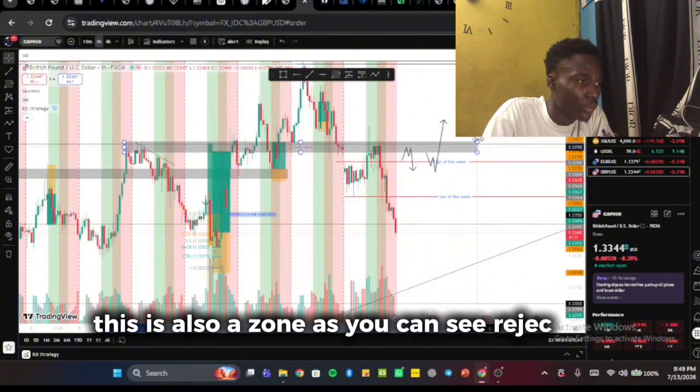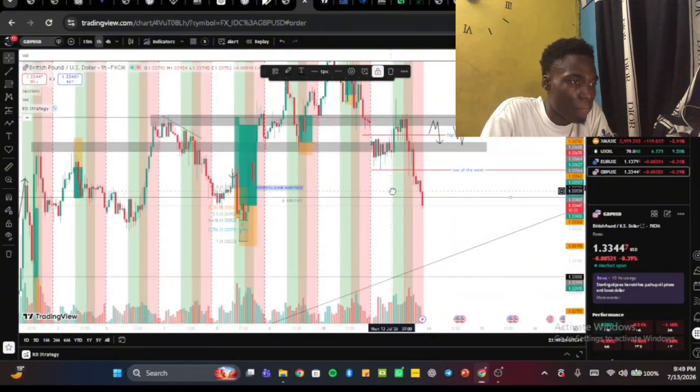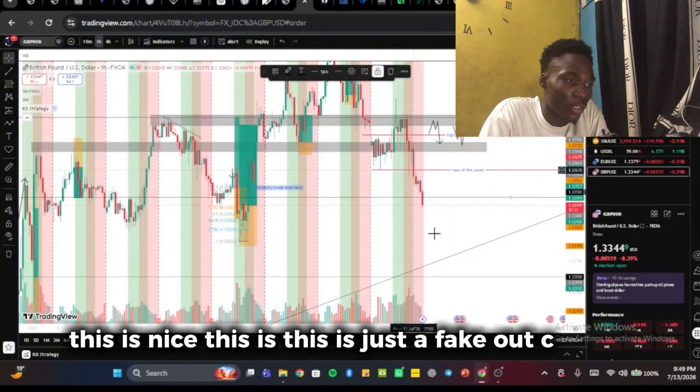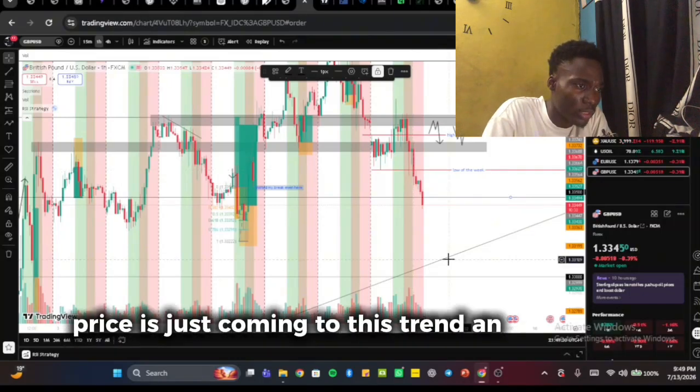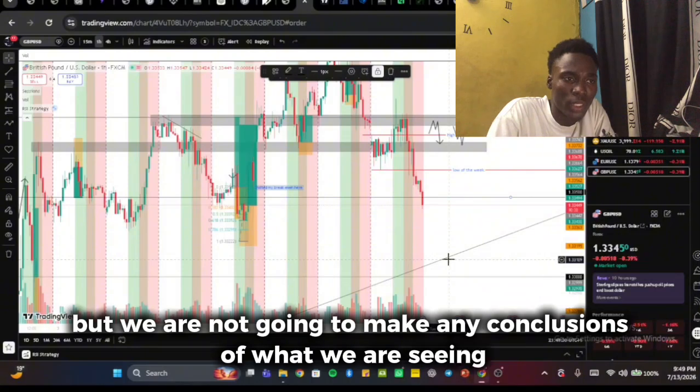I can see rejection from here. So this is a zone as well. Price has broken here. It is nice. This is just a fake out. Price is just coming to this trend and I'm sure will reverse. But we are not going to make any conclusions of what we are seeing currently.